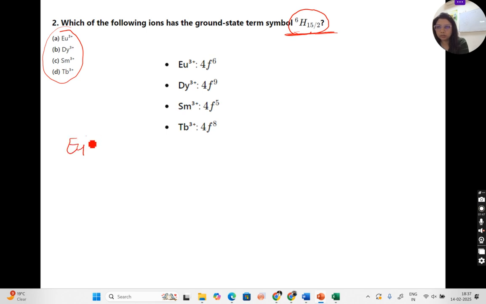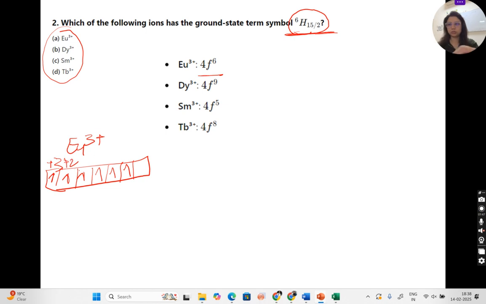For Eu3+, we have a 4f6 system, and for the 4f6 system we fill like this: 1, 2, 3, 4, 5, and 6, with ml values plus 3, plus 2, plus 1, 0, minus 1, minus 2, minus 3.